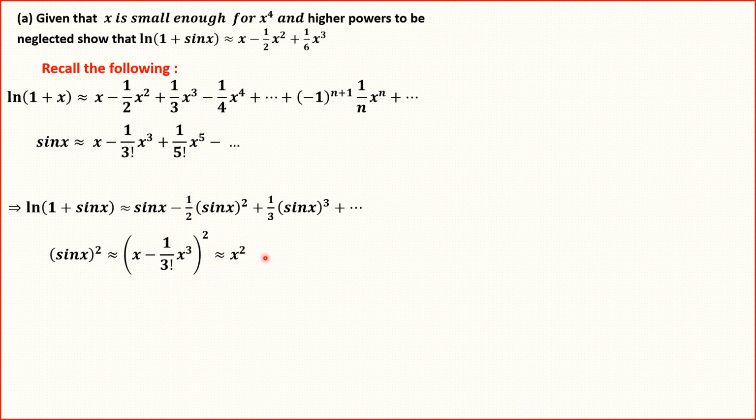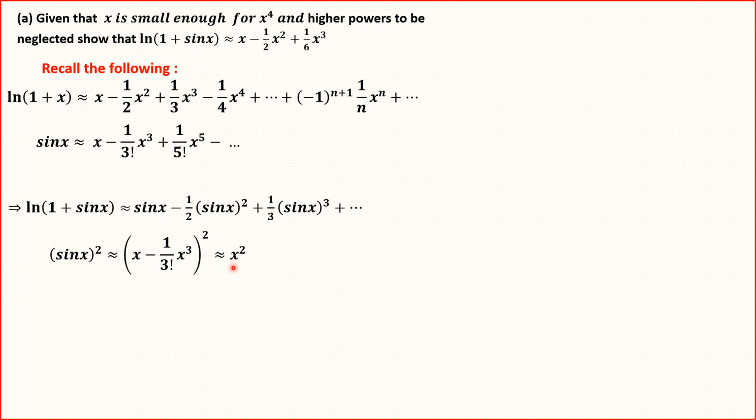That's the only term. If you expand everything normally, you will see that the other powers will be greater, because the next power will be the product of the two, which is x to the power 4, and we are neglecting it. So when you expand it, neglecting higher powers, sine x to the power 2 is approximately equal to x squared.